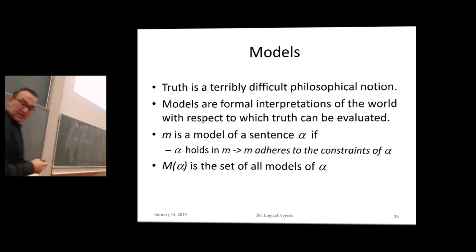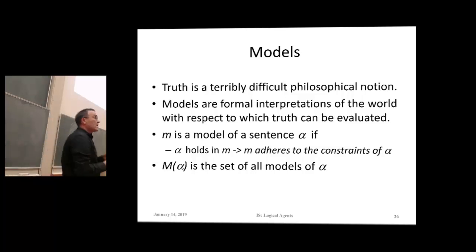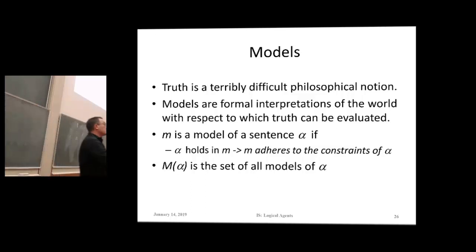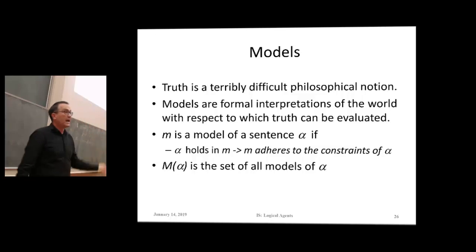In principle, a model of a sentence is an interpretation of the variables that holds for all the constraints of my knowledge base. And then M of alpha is the set of all the models of alpha. With respect to those models, so all the possible interpretations that are consistent with a given knowledge base, we will later define notions such as validity, entailment, and so forth.